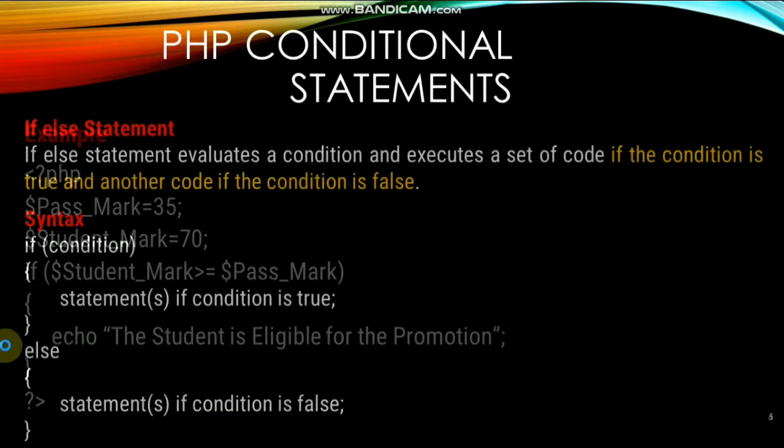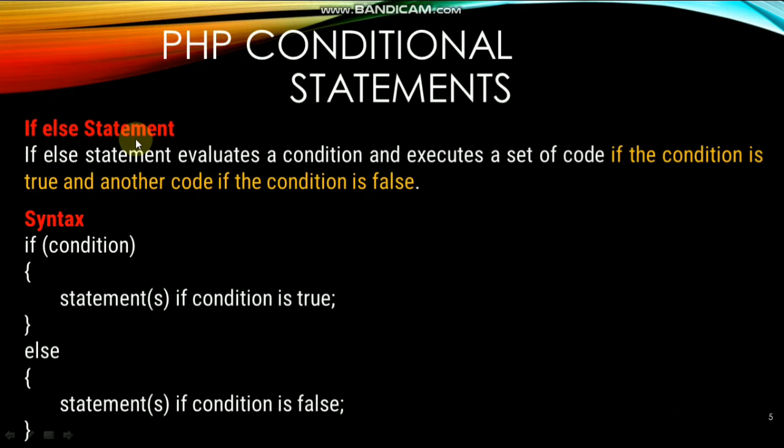The next one is the if else statement. The if else statement evaluates a condition and executes a set of code if the condition is true, and another code if the condition is false.